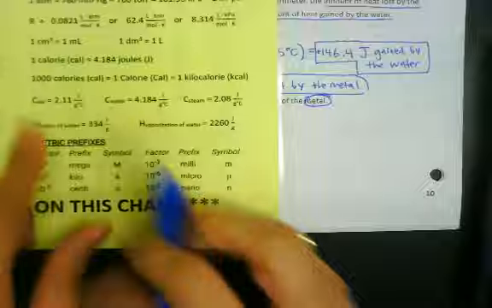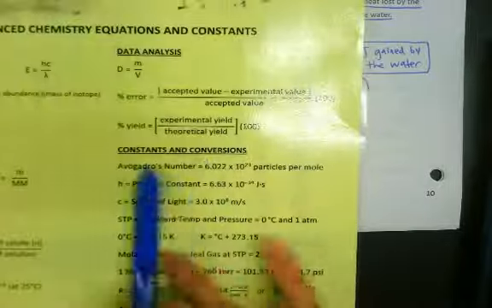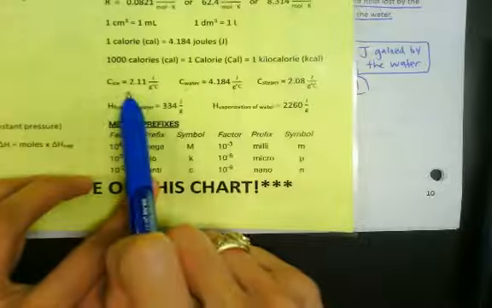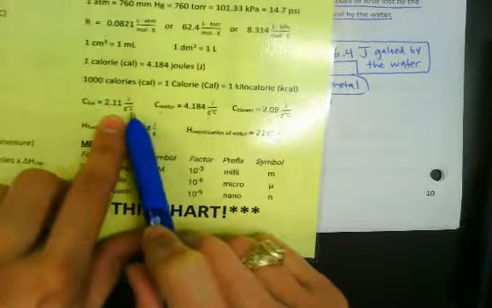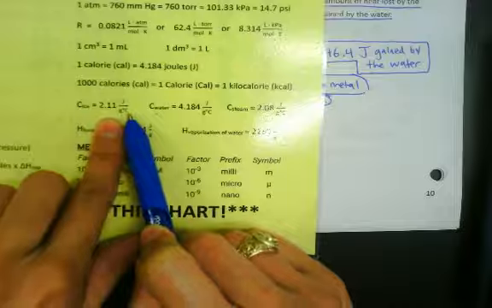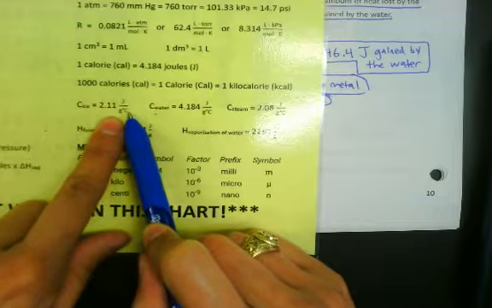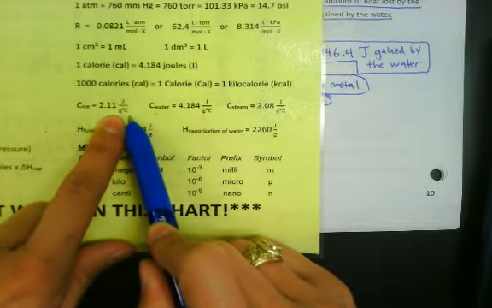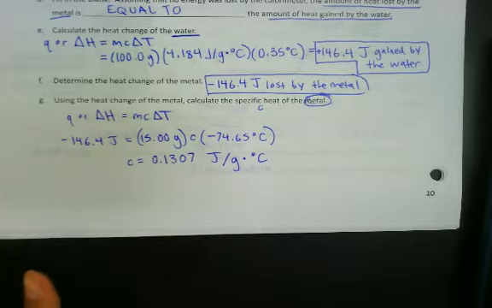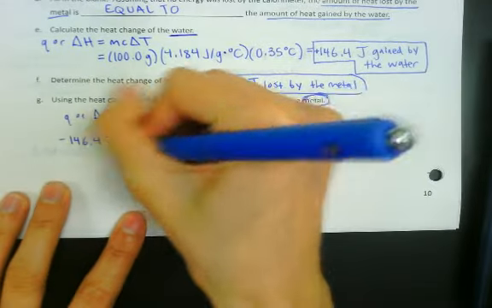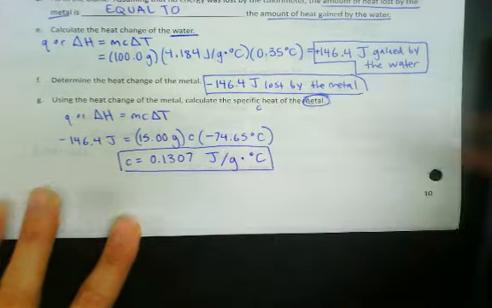If you look above the metric prefixes, there's some constants and conversions. Look at your constants, your water, ice, and steam specific heat. They have the unit listed right here. So if you're psyching yourself out, like, I don't remember how to write it correctly, just come look here. It's listed correctly right there. Okay? So that is our specific heat there.